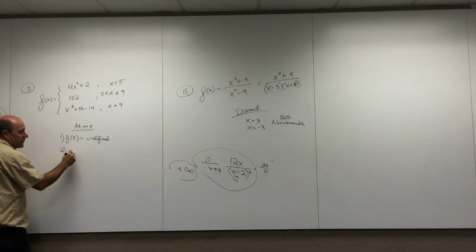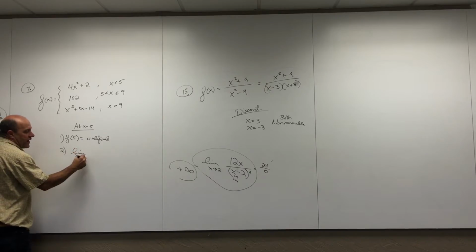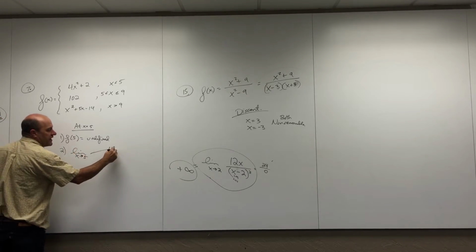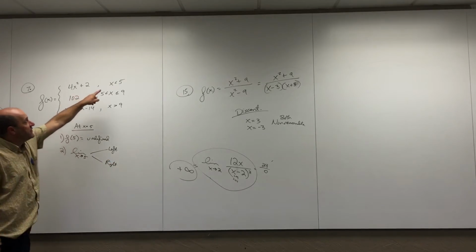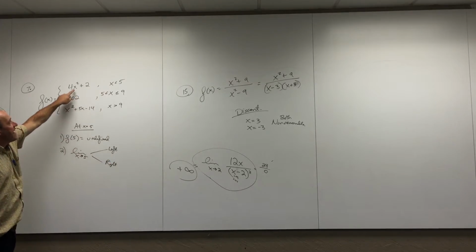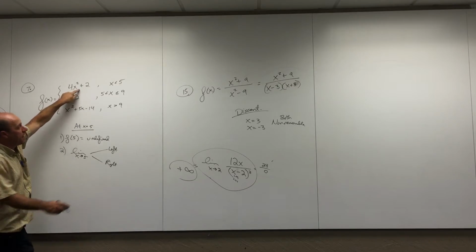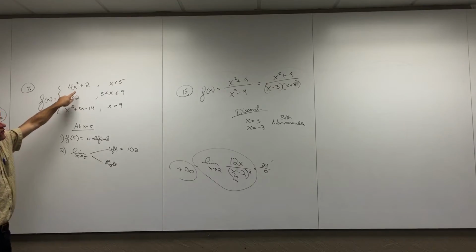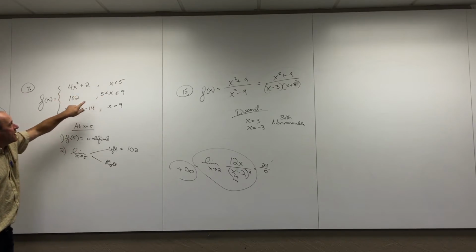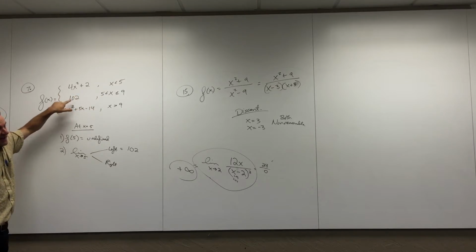So here we go. Now I'm doing the limit as x approaches 5. Well, of course, I'm going to do the left and the right, because this is a piecewise function. On the left of 5, you plug in a 5 there, and you do the work, and what do you get? 102. Do you agree? And on the right of 5, you would plug a 5 in there. Of course, there's kind of nowhere to plug it.